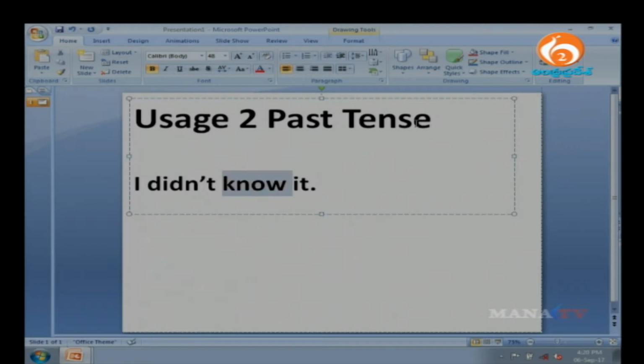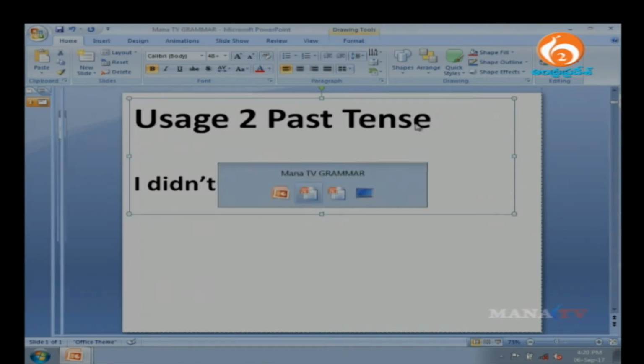For example, I didn't eat it or I didn't go. So there are rules in terms of the placement of parts of speech and how their shape will change. That is where the rules apply. Otherwise, there are no rules.